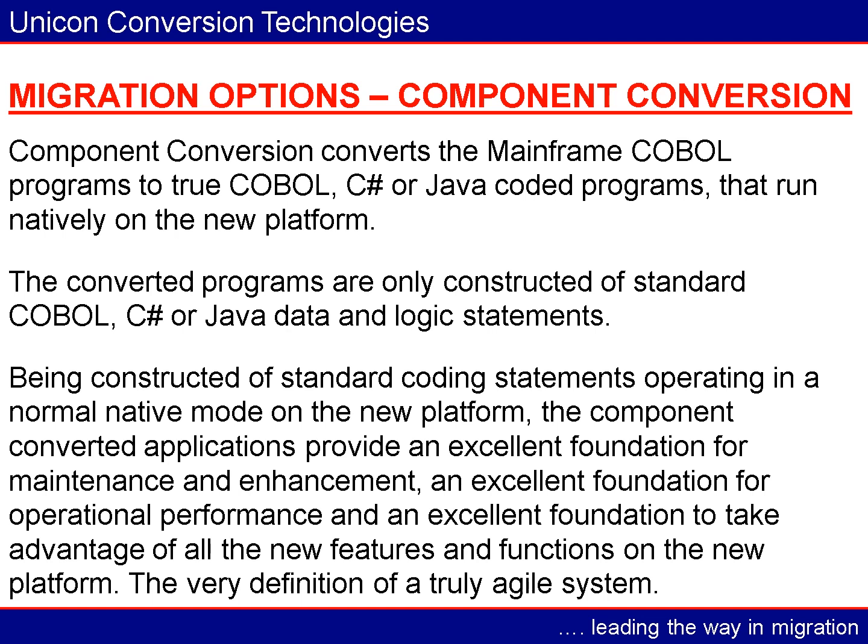The component converted applications provide an excellent foundation for maintenance and enhancement, an excellent foundation for operational performance, and an excellent foundation to take advantage of all the new features and functions of the new platform, the very definition of a truly agile system.